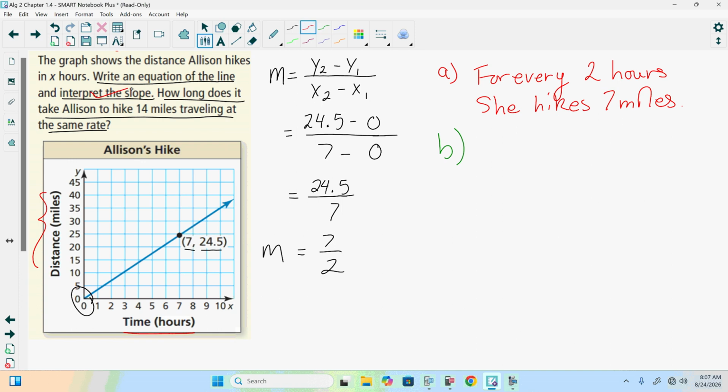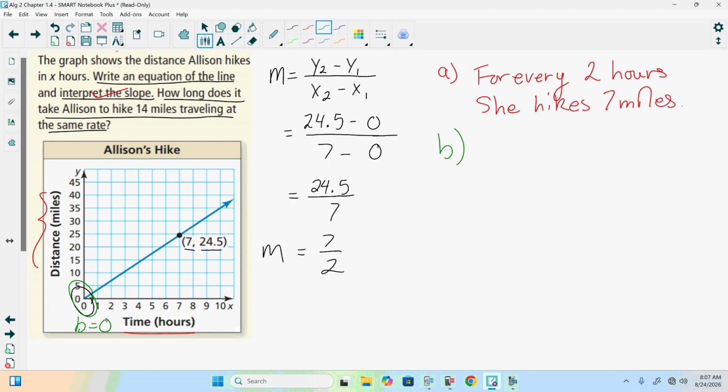Now we need to write the equation of the line. The big thing that determines for me which of the two I start with is looking at what they gave us. Because at this point we have the slope and we need it in either equation. But do we have the y-intercept? Do we know where it crosses the y-axis? Do we know the point where x is 0? Well, yes, we have 0, 0. So that tells me that the b value, our y-intercept, is 0.